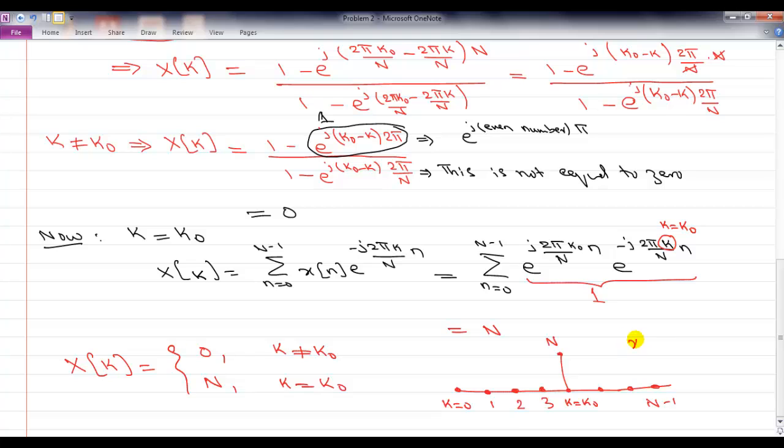This is for the case where x[n] equals e to the 2 pi over N times k naught n. Okay, where your frequency is a multiple of 2 pi over N, and you take an N-point DFT, what you get is just a spike at k naught, the factor by which you are getting the multiple of 2 pi over N, and everything else is 0.